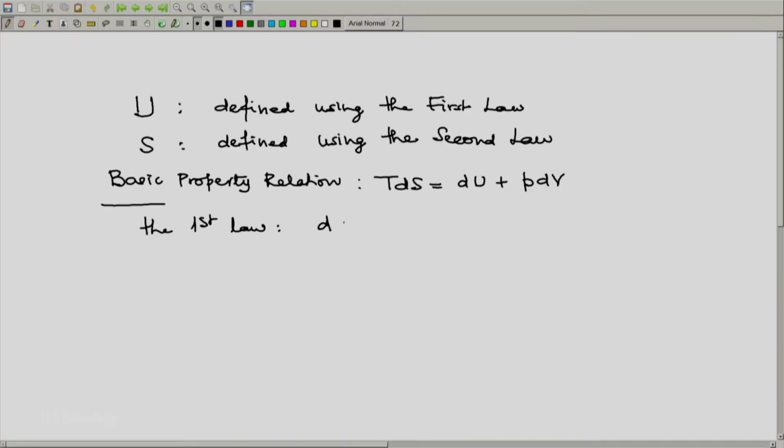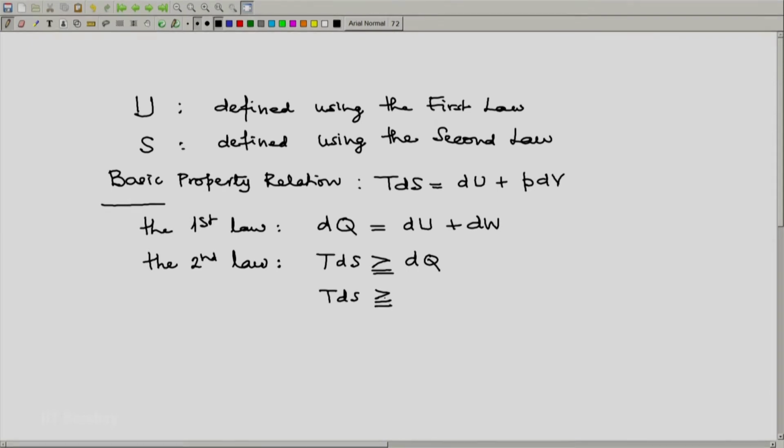Hence we will have dQ equals dU plus dW, and we will have the second law which says T dS is greater than or equal to dQ, and if you substitute for dQ from the first law, we get T dS is greater than or equal to dU plus dW.